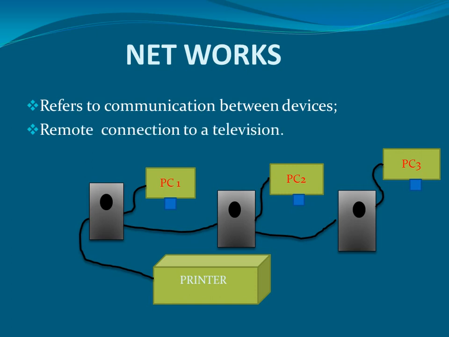For instance, remote connectivity to a radio or remote connection to a television or a DVD. When you want to watch a movie, you will insert a CD, then you get a remote and command the DVD what to do. So a remote connection is also a network. If someone stands in the line of sight, the remote will not get connectivity to the TV.